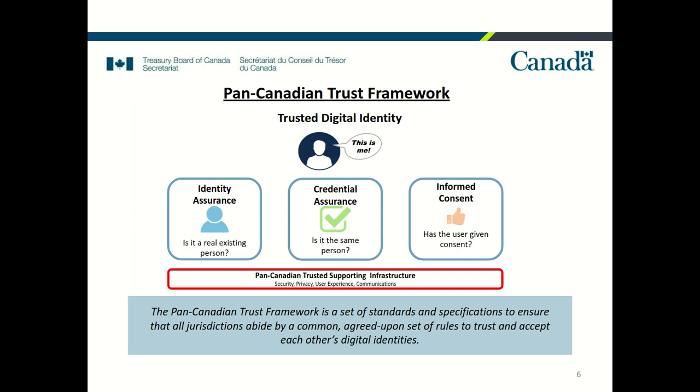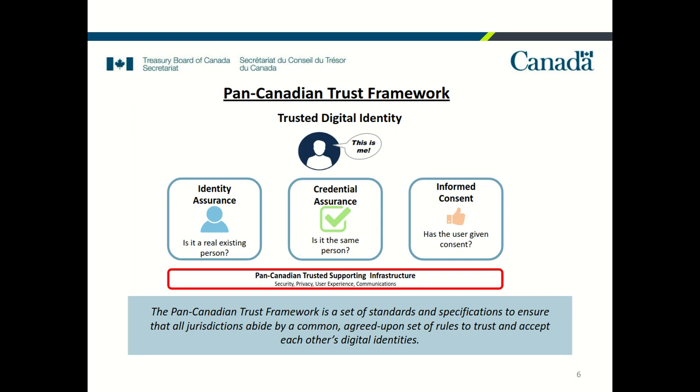What we did was we defined the concept of trusted digital identity in 3 component parts, with a 4th part underpinning. The first one is identity assurance. Is it a real person? Are you a real person born in Canada, or a newcomer to Canada as an immigrant or as a permanent resident?